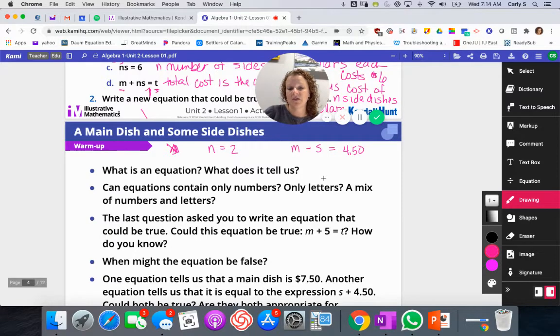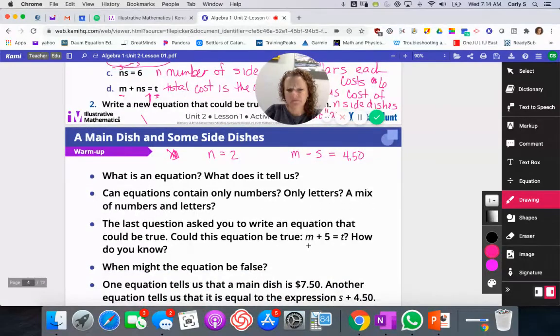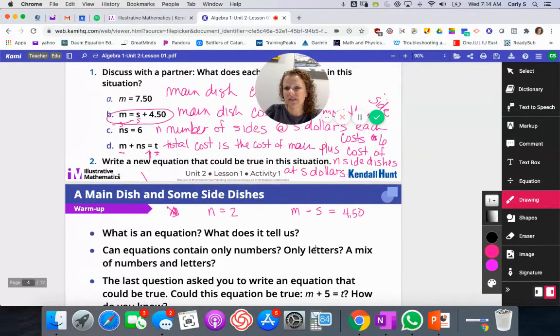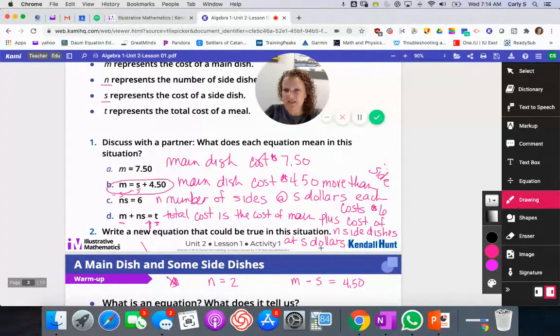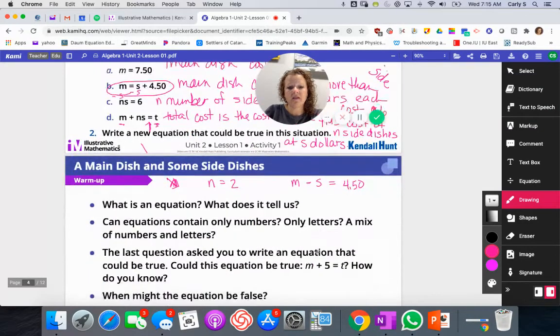How could this equation be true? How do you know? Well, M was the cost of the main dish, wasn't it? Yep. So M plus 5 equals T. The cost of a main dish plus 5 equals T, where T is the total cost of the meal. That could be true. What if you got a milkshake?